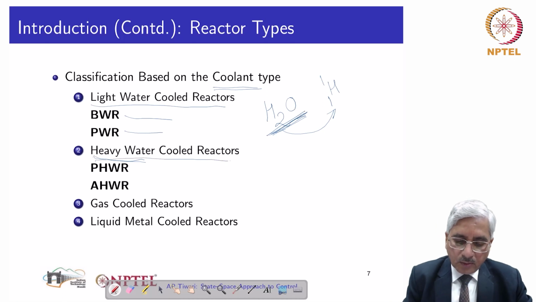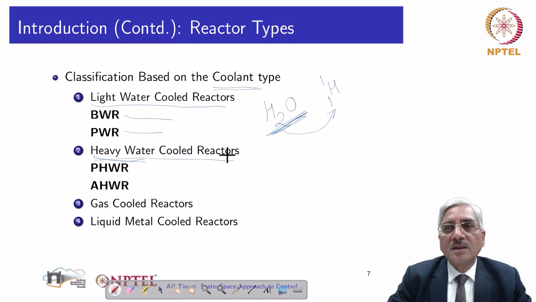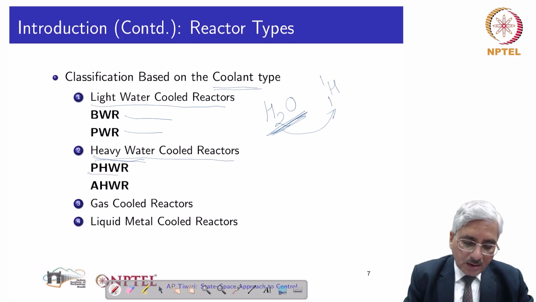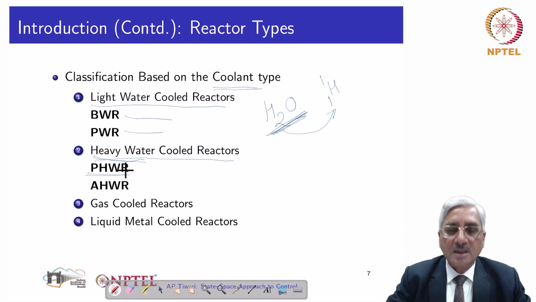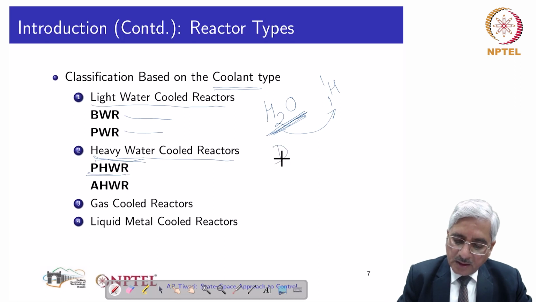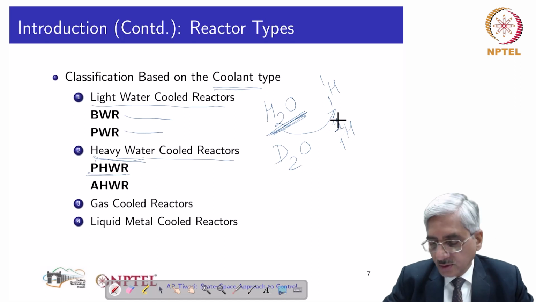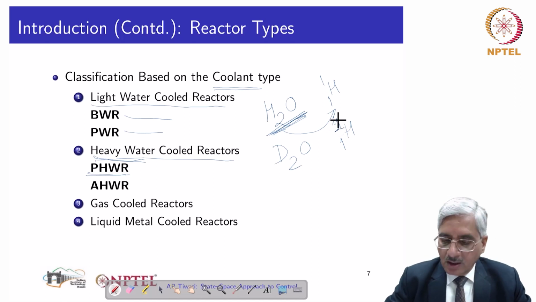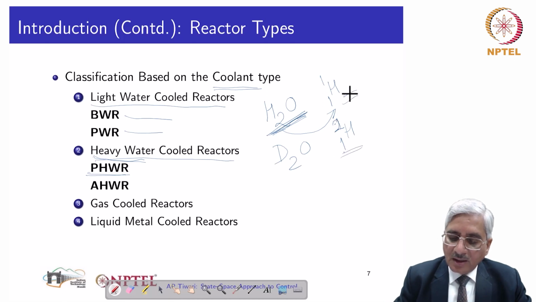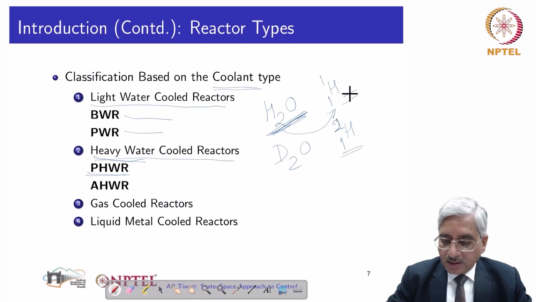There are heavy water cooled reactors. In our country they are in the majority, and they are of the pressurized heavy water reactor type. The heavy water coolant we generally denote by D2O, but this D is again a hydrogen isotope which also has a neutron in its nucleus. So it is 1H2, and so it is heavier than hydrogen, and we call its compound heavy water, just to distinguish it from light water.